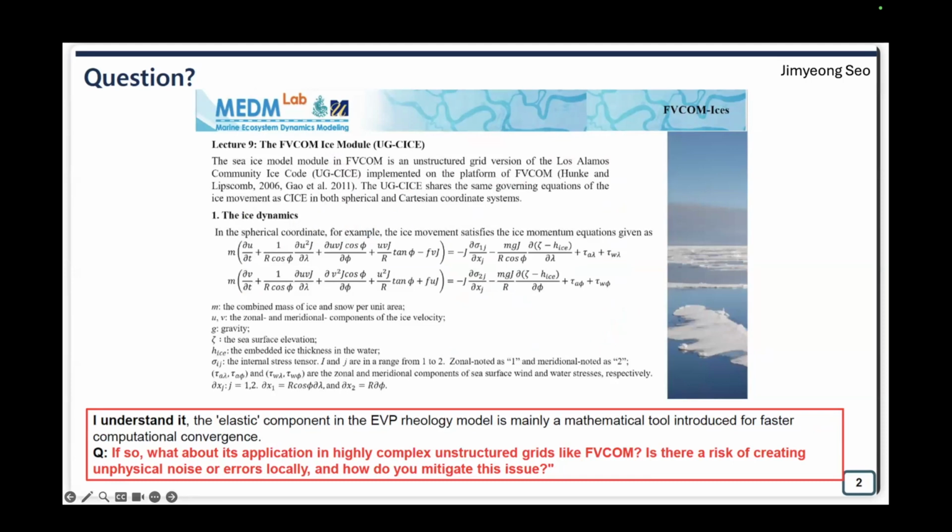And then second, the ice module uses the EVP method.